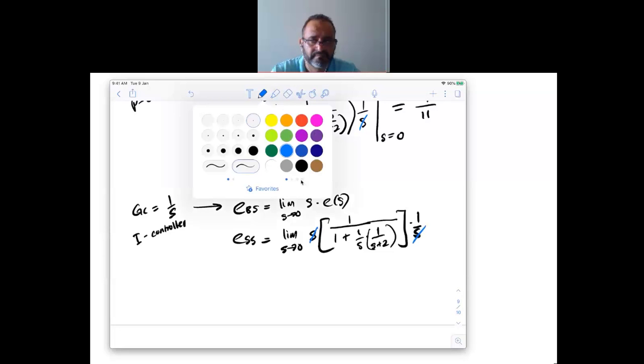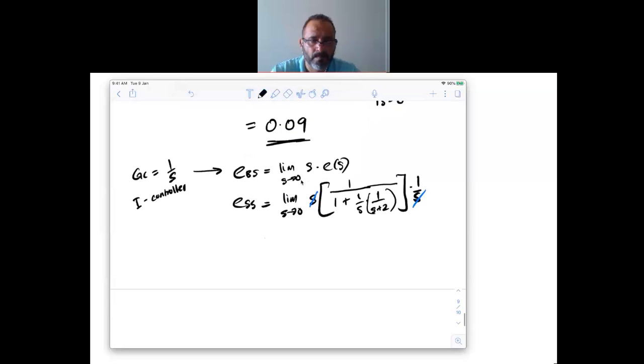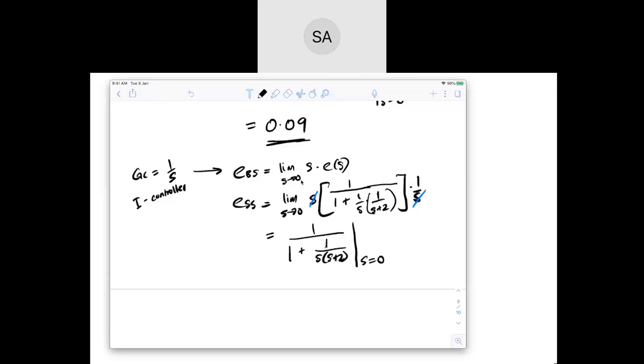Okay, the remaining, let's have a look at this part. The remaining, I have 1 over 1 plus 1 over S plus 2, isn't it? Okay, and then I have to limit all the S into 0. So what do we have? When I have S at 0, S plus 2 becomes 2.